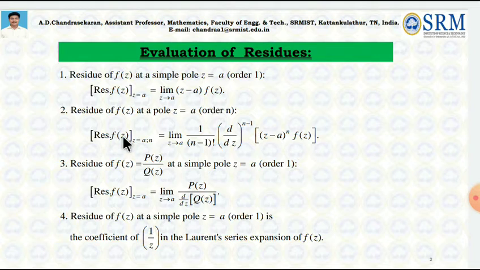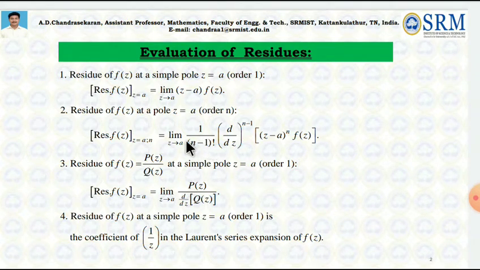So the residue of f of z at z equal to a of order n is equal to the limit as z tends to a of 1 by n minus 1 factorial, times d by dz to the power n minus 1 of z minus a to the power n into f of z. The order is n, which means we differentiate n minus 1 times the term z minus a to the power n into f of z, and we multiply by 1 by n minus 1 factorial.